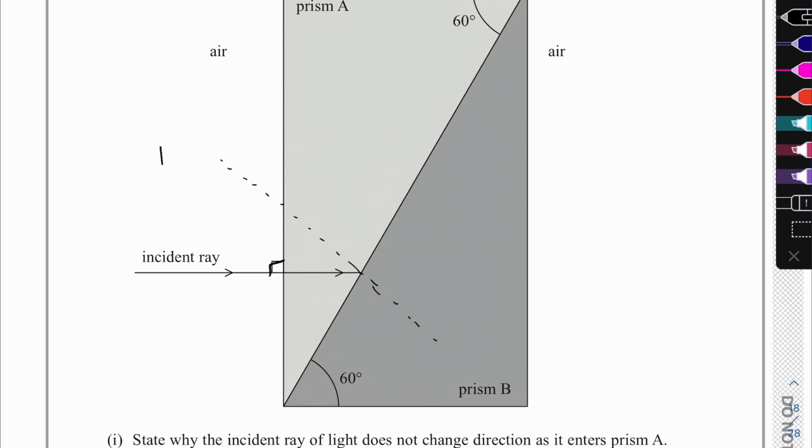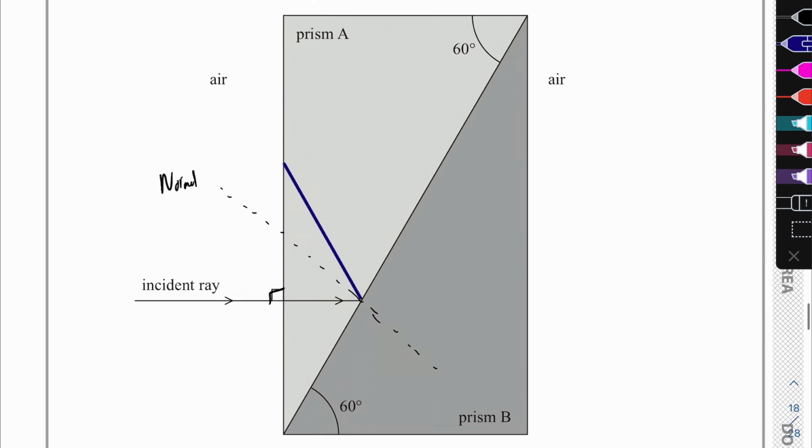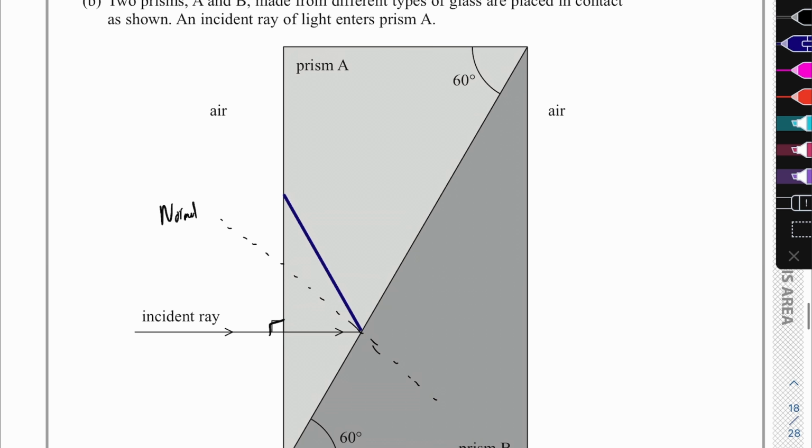It's always good to draw normals, it helps us understand what's going on. Alright, so I'm going to do the reflected ray in blue. So let's say it's reflected here. So it reaches the prism in air.